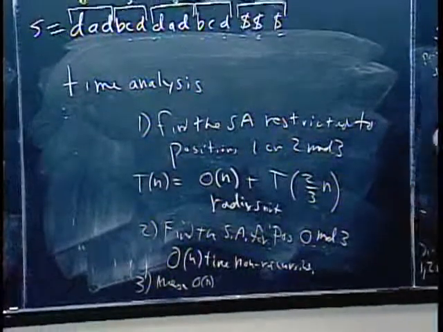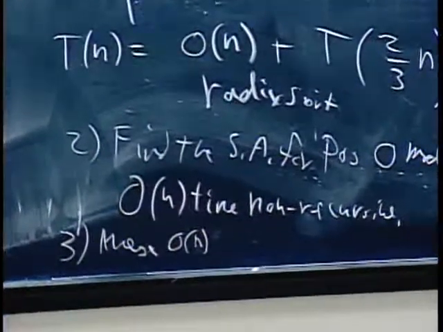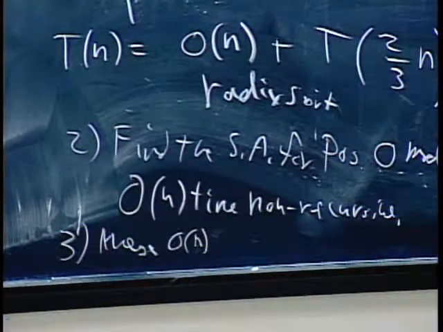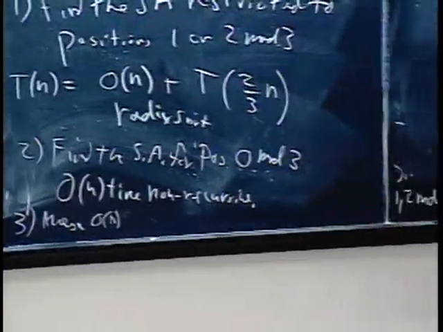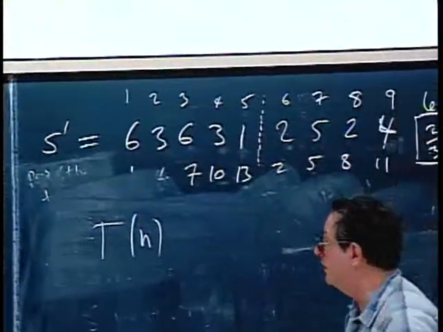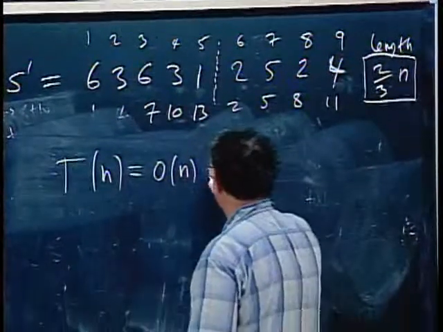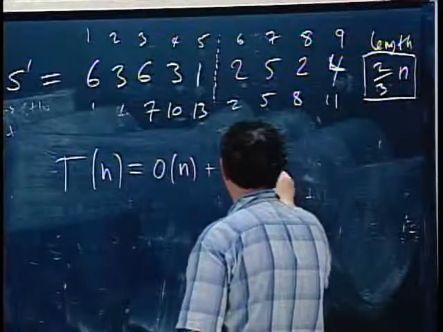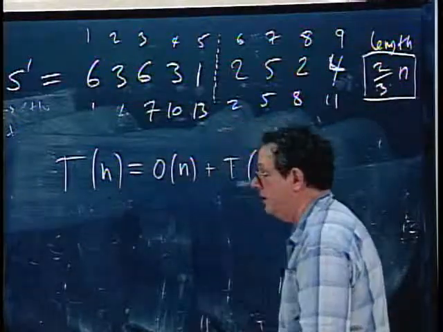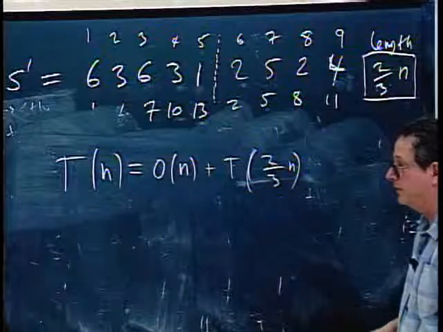So let me rewrite what this recurrence relation is. T of n is the total time to build a suffix array for a string of length n, and you have order n initially to find the triples, then recursion to find the suffix array restricted to positions 1 and 2 mod 3.